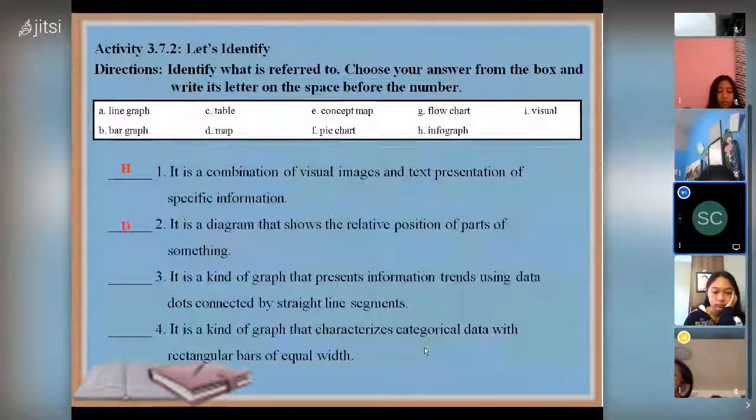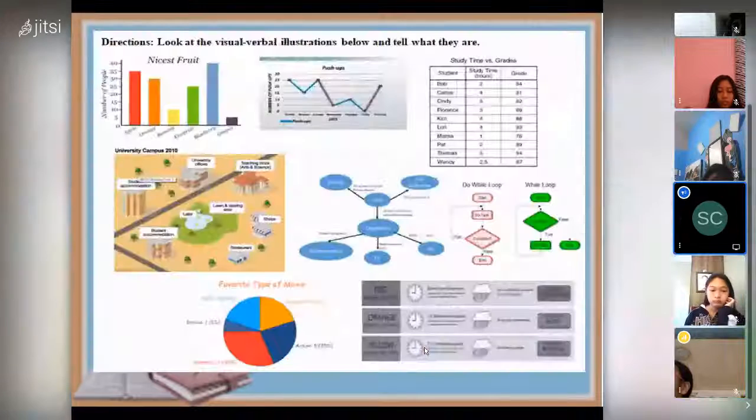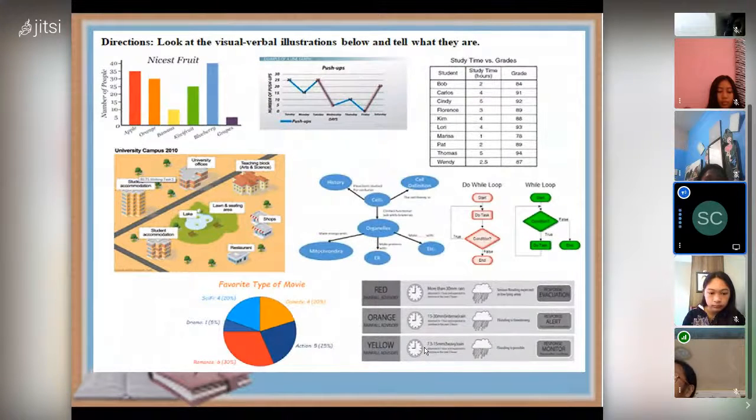Correct. It's a map. Look at the map. Lake is positioned at the center. So, it tells a relative position.